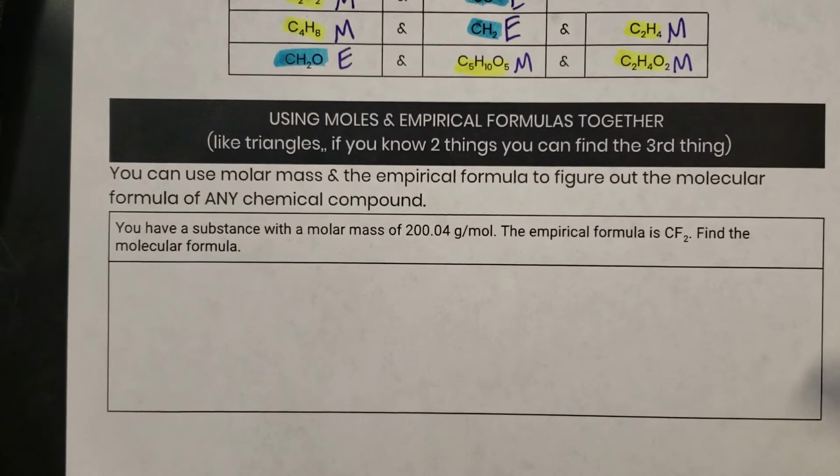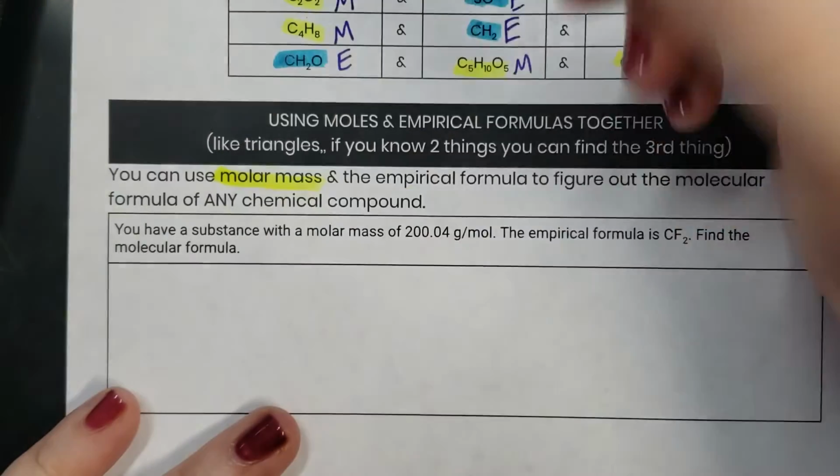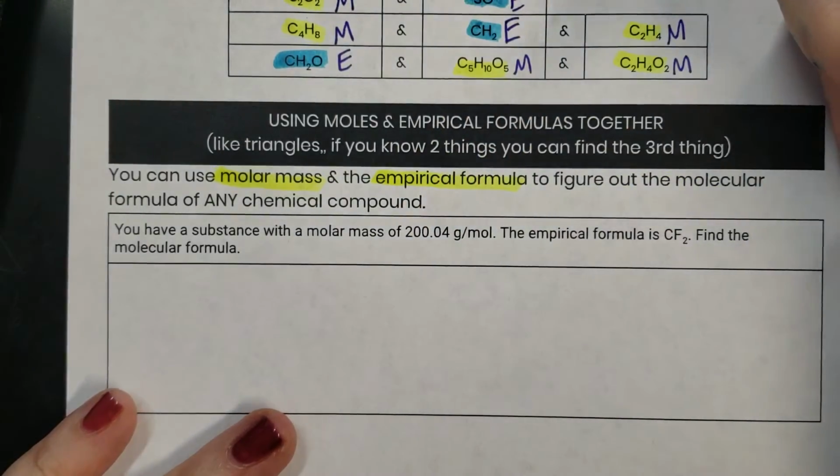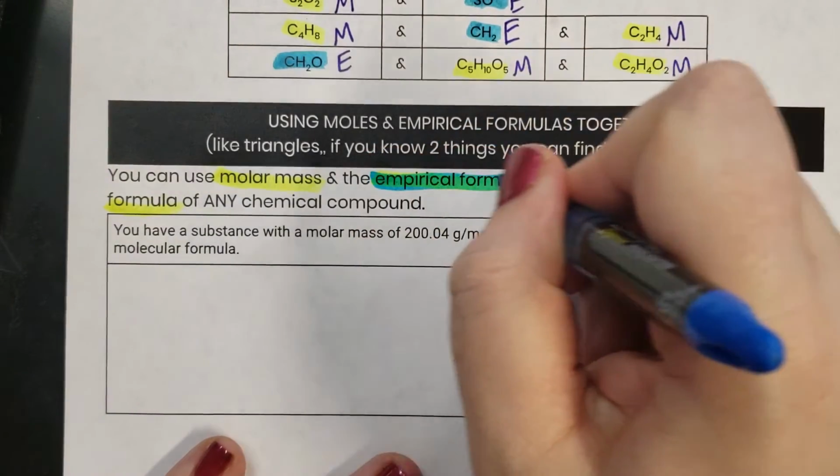All right. So you can use the molar mass and the empirical formula to figure out the molecular formula of any chemical compound. Okay, I actually should have done this in blue. The empirical formula.